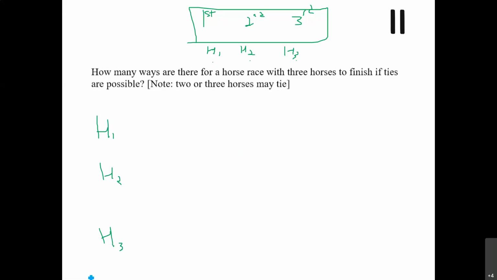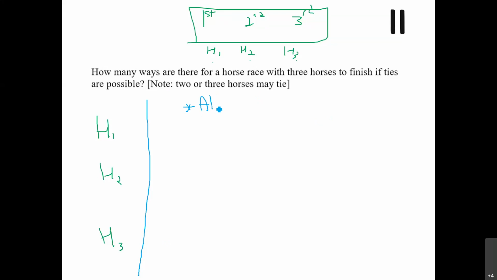Okay, so while you do that, let's actually see what are all my possibilities. There's plenty of ways to solve this. As long as you reach the final answer, that's okay. So I'm gonna approach this by asking how many tied. So three possibilities for that.